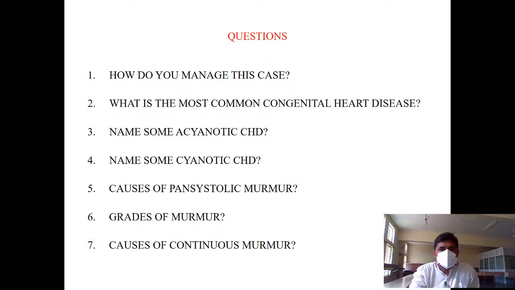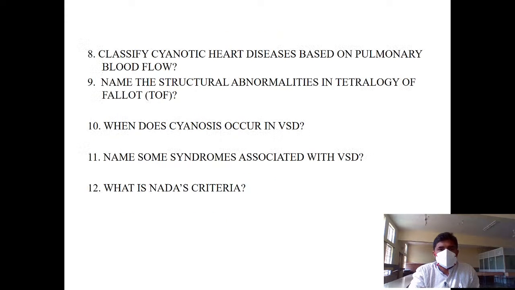Then these are the often asked questions. How do you manage this case? What is the most common congenital heart disease? So let's summarize. Basically, in a cardiac case, the history serves you in localizing the cause, whether it is cardiac or respiratory in origin. From the history you will also come to know whether it is congenital or acquired.